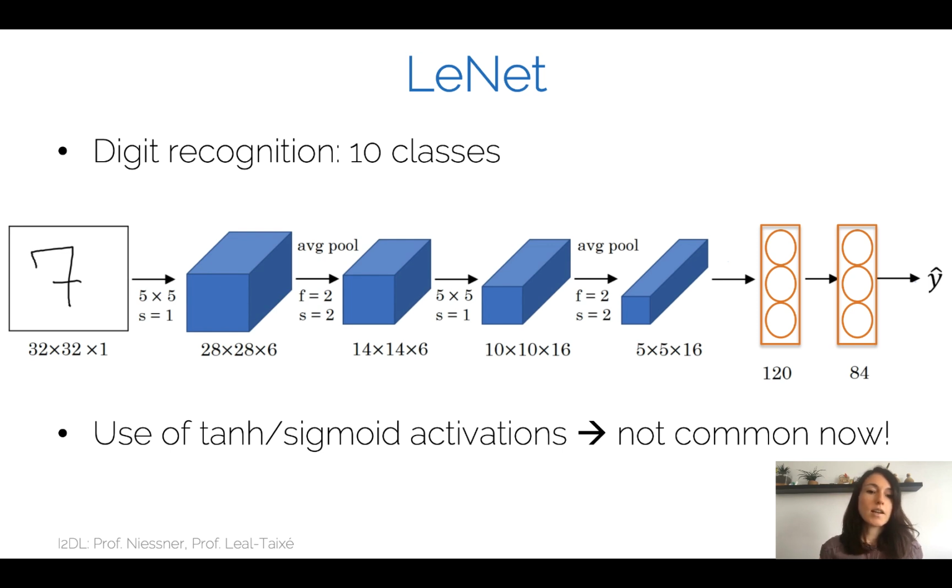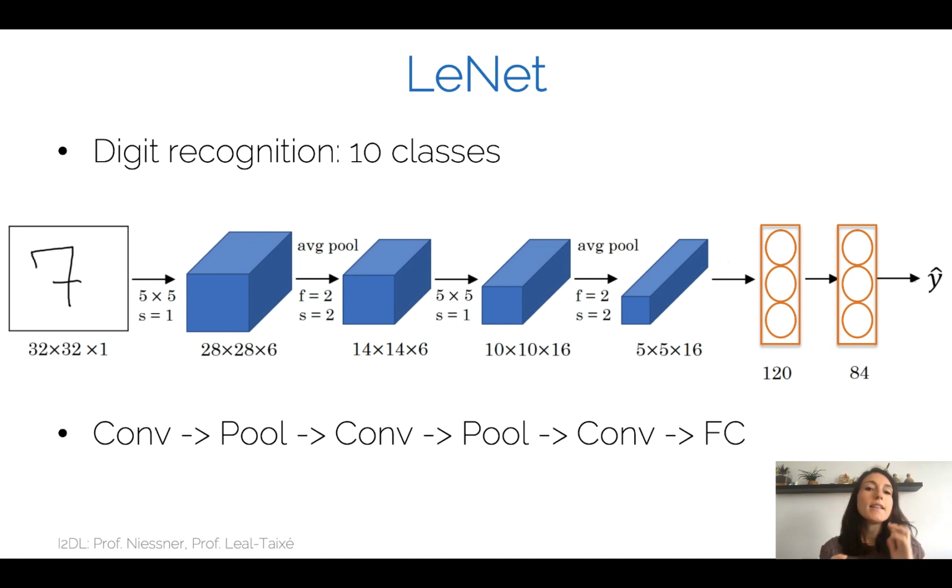This architecture, LeNet, used tanh and sigmoid activations, which are definitely not common now for CNNs. Nowadays, most CNNs use ReLU as activations. But it had this main architecture design, which is very much the same as what we're using now in all architectures: convolutions, then pooling, convolution, pooling, and finally a fully connected layer at the end in order to do the final mapping.